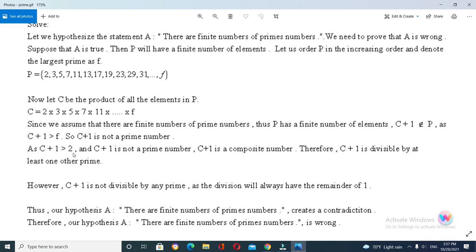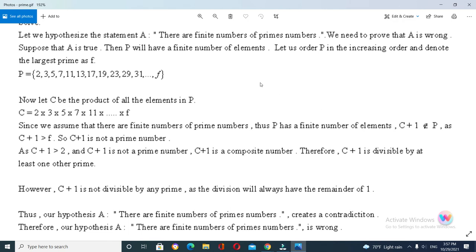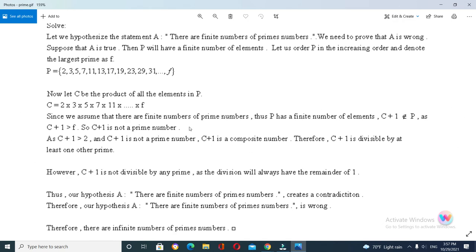That is understandable. And you can see as C plus 1 is bigger than 2, the fact that C plus 1 is not a prime number makes C plus 1 a composite number, right? That's obvious, because if you are not a prime number, then you are a composite number if you are bigger than 2. So therefore C plus 1 is divisible by at least one other prime.